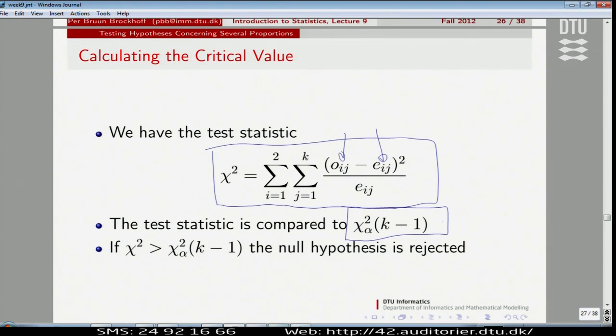Well, this is the distribution that tells us the distinction between what is okay and what is extreme. A chi-square distribution is the one to use. The chi-square distribution is the sampling distribution in this case. And if the observed statistic becomes too large, we reject the idea of all the proportions being the same. If it's not too large, we accept, right? That's the same game again.